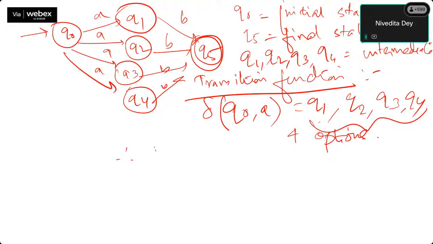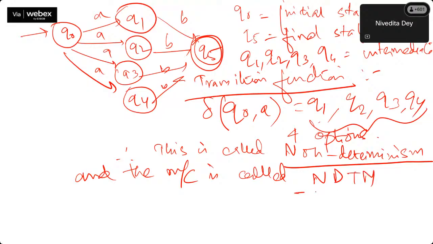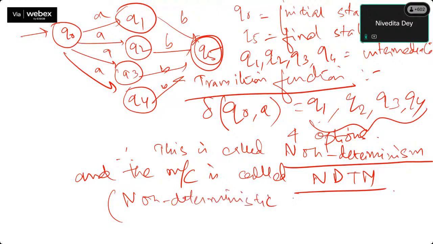Therefore, this is called non-determinism, and the machine is called a non-deterministic Turing machine.